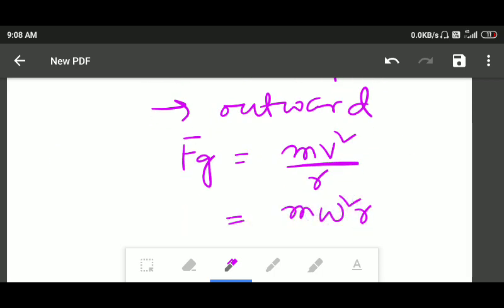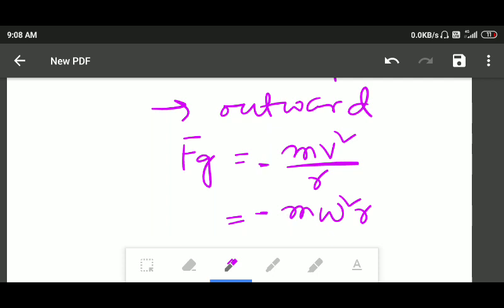But if you take the direction of centripetal force as inwards, towards the center, then in that case centrifugal force is outwards, right? So if that inward direction is taken as positive, then the outward direction must be negative. That's why the direction in this case will be negative.